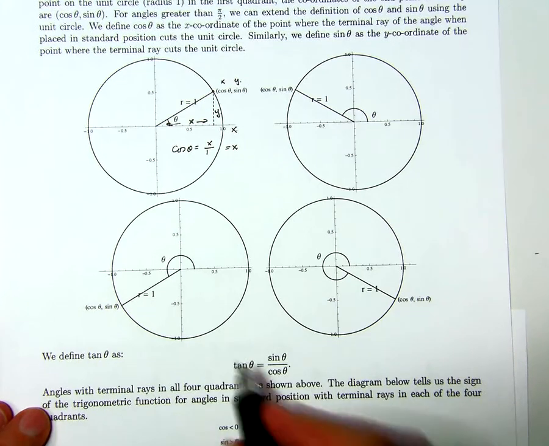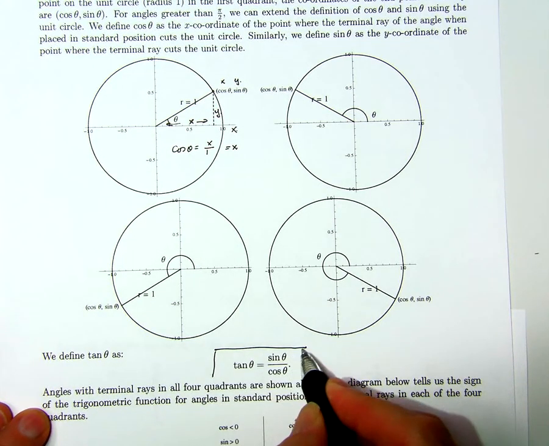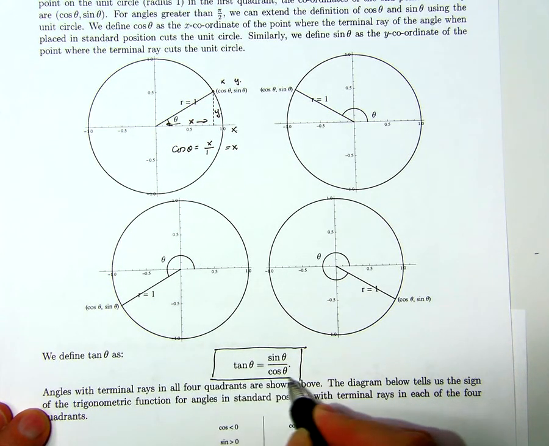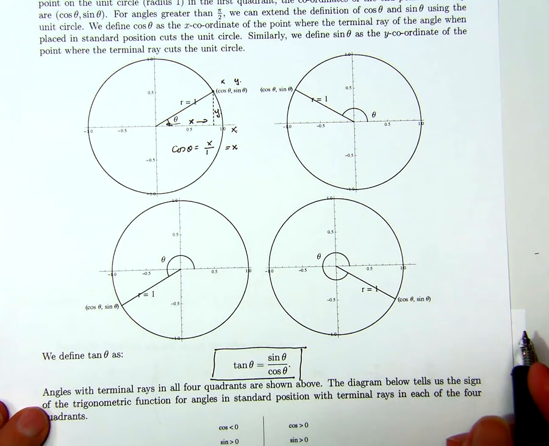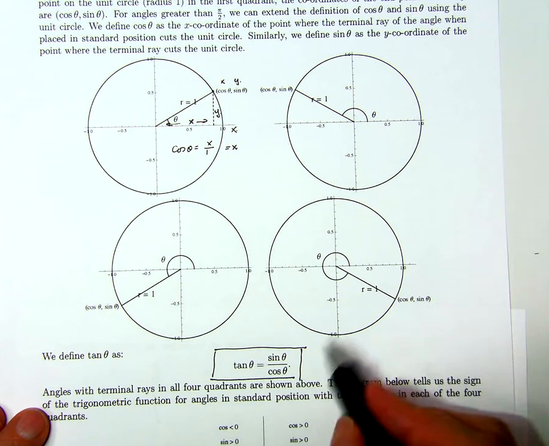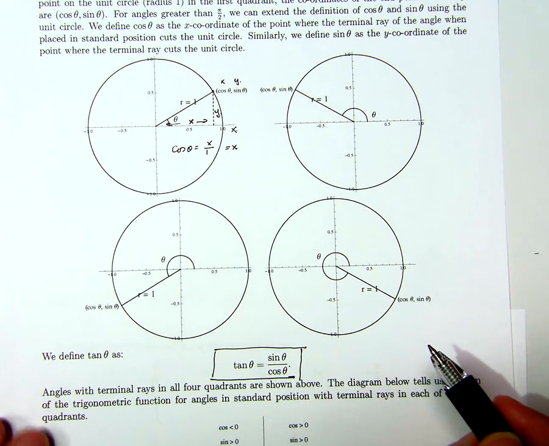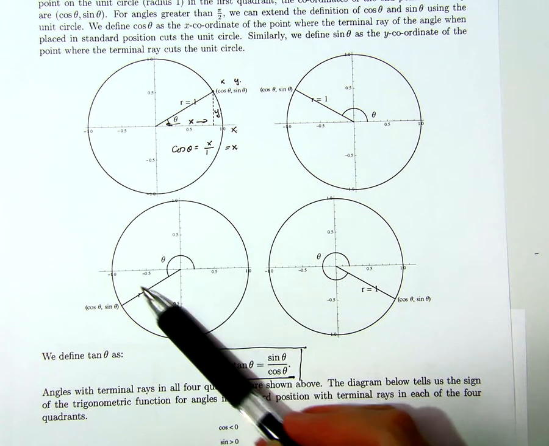So here we define tangent of theta to be equal to sine over cosine, and again that's compatible with how we defined tangent before.